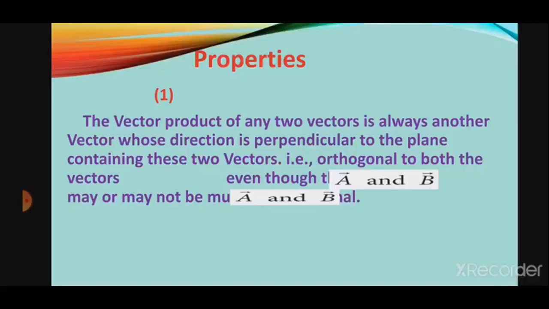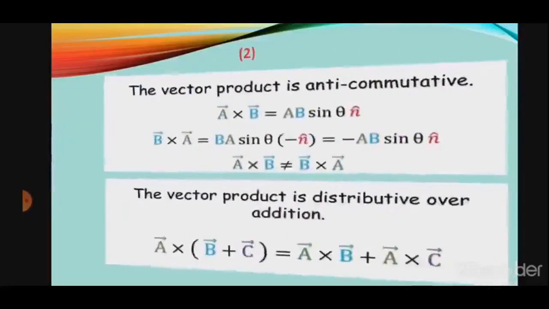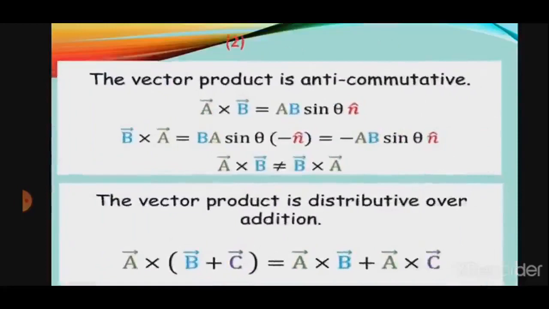That is the orthogonal vector, orthogonal to both vectors A and B, even though vectors A and B may or may not be mutually orthogonal. Clear students?